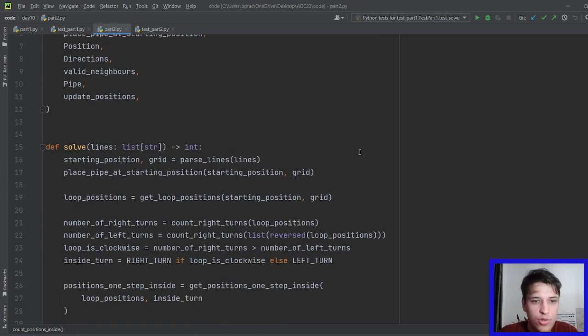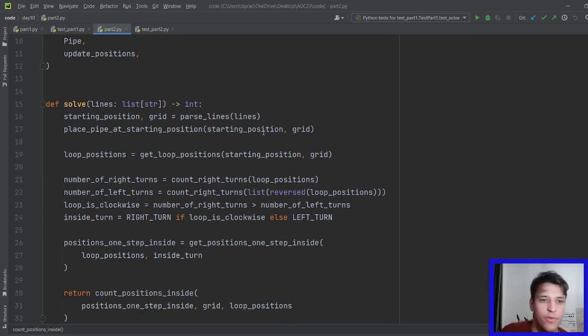So let's go through the solution again. What we did was, of course, we parsed the lines and placed the correct pipe at the starting position. Then we use this get loop positions function to get a list of positions which correspond to the loop. Then we figure out whether this list of positions goes around the loop clockwise or anti-clockwise by counting the number of right and the number of left turns.